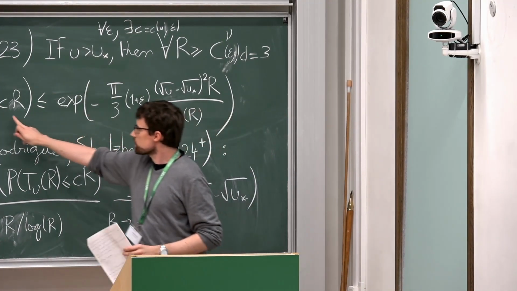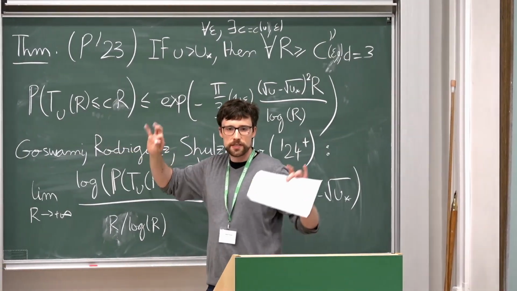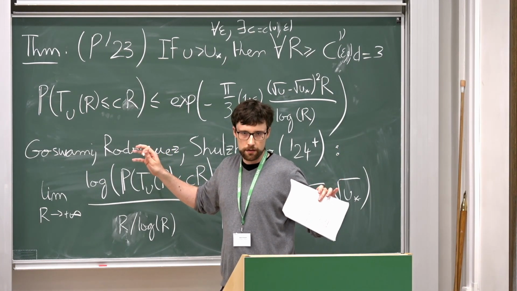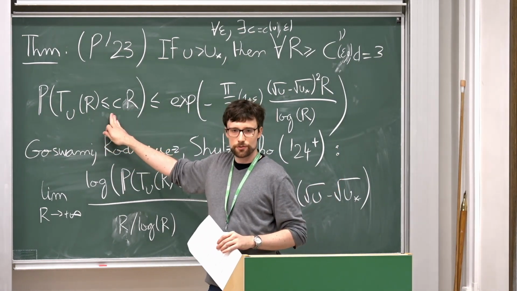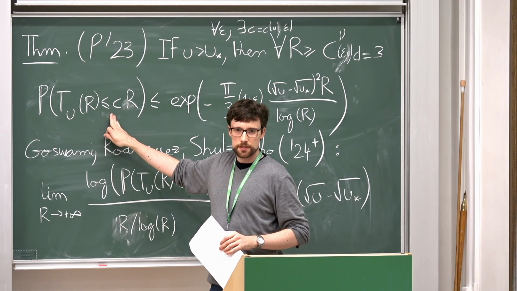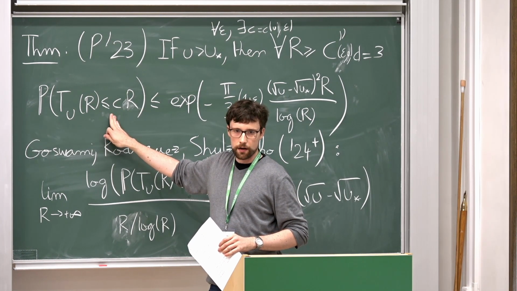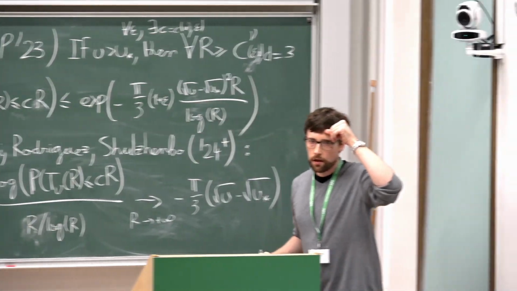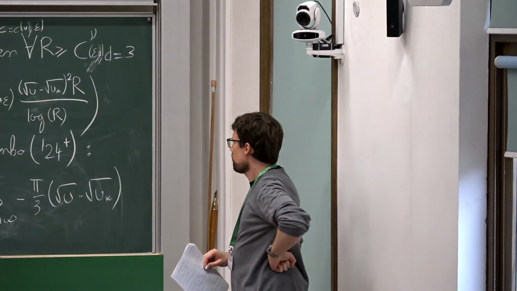Imagine if C is equal to 0, which would be somehow the easy case, which is already not easy. This is asking problem A: the probability that TU is equal to 0, which is the probability that 0 is connected to BR. So this probability actually does not really depend on C, does it?